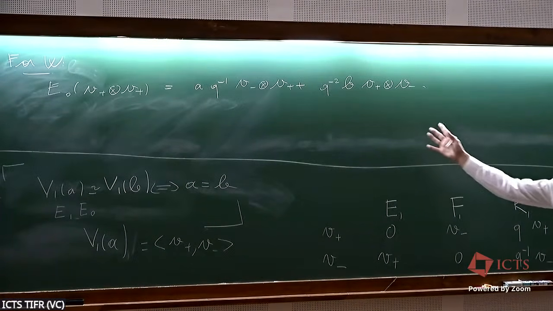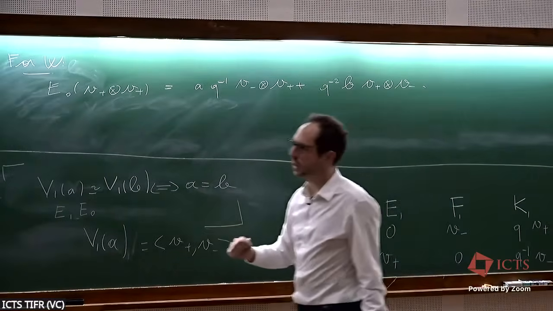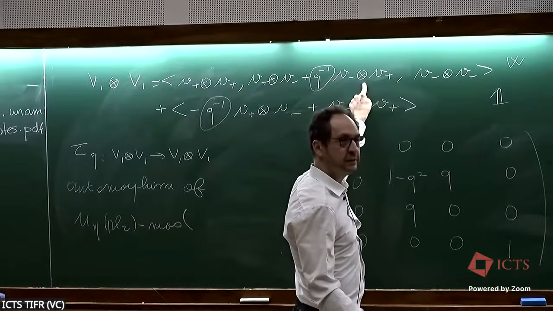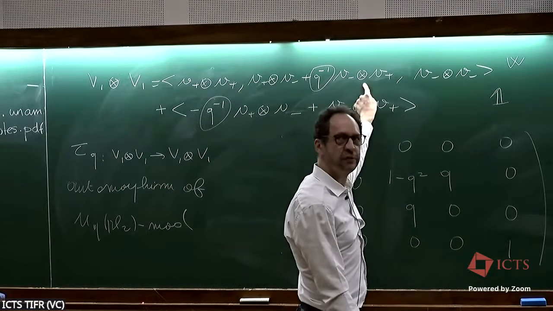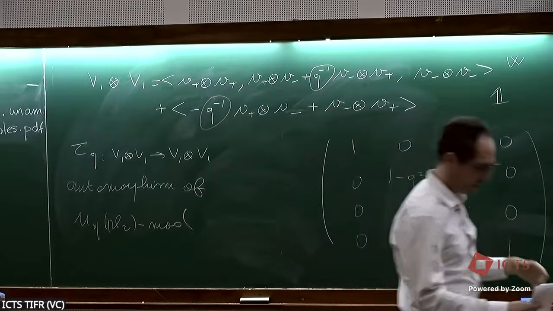Now when you look at this vector, if W is a submodule, then it should be up to a scalar equal to this vector. So now you can see that it gives a condition on A and B, which we can write explicitly.